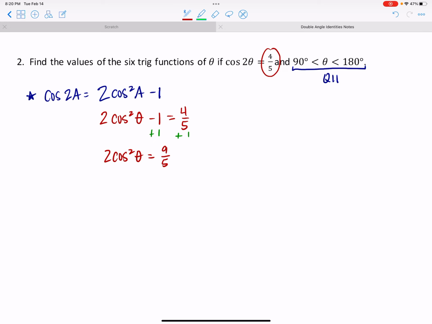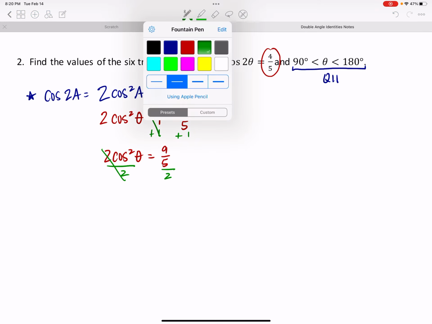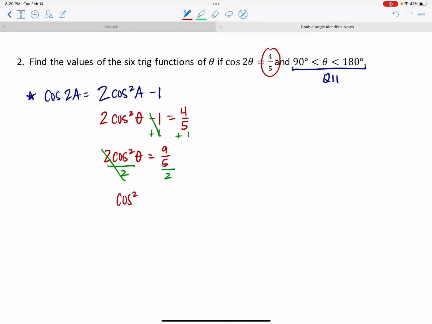Alright, then I want to get rid of the multiply by 2 by dividing both sides by 2. And now I have the cosine squared theta equal to 9/5 divided by 2. Remember, that's 9/5 multiplied by a half. So that's going to give me 9/10.